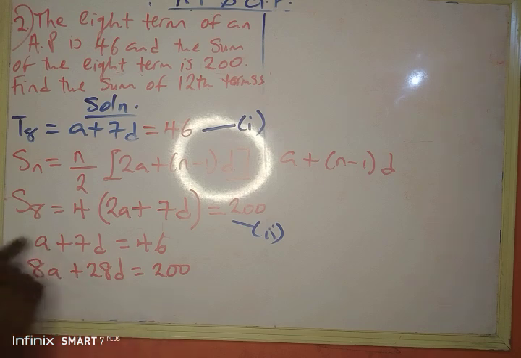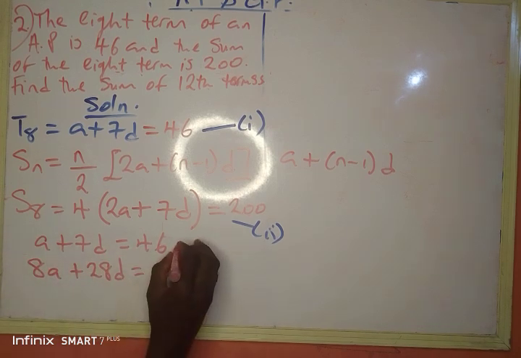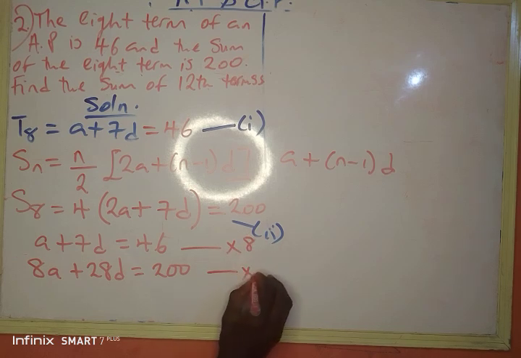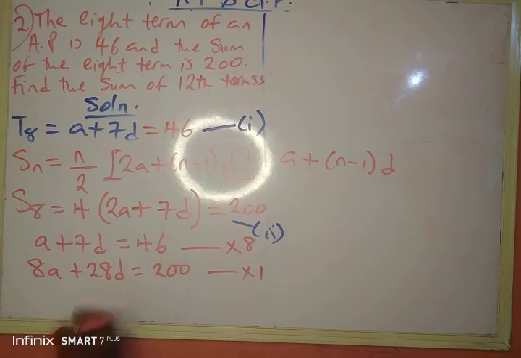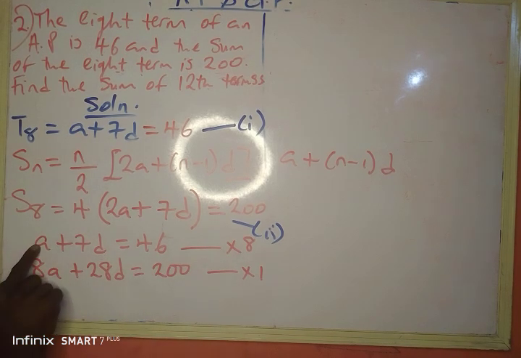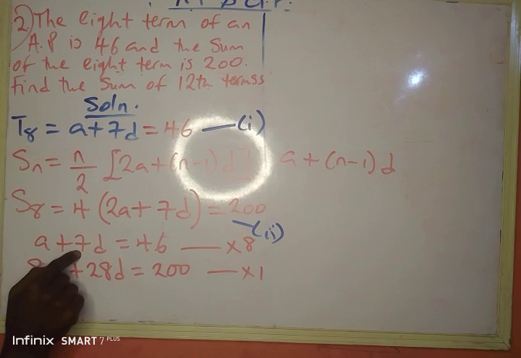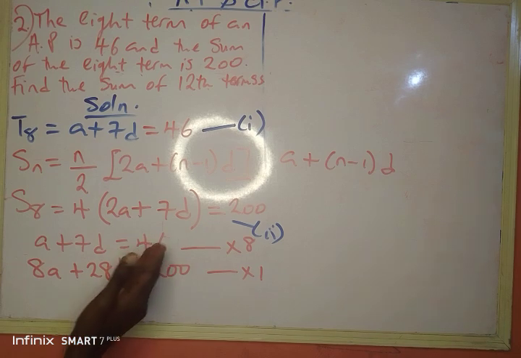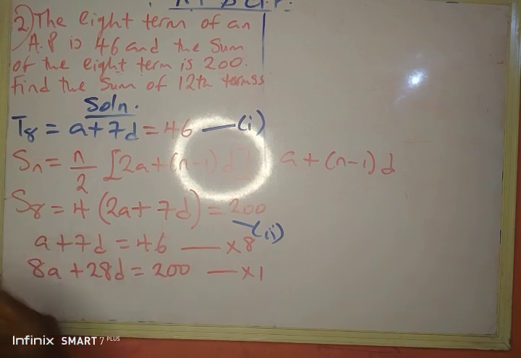Yes, I can. I can make the coefficient of a equal. So I can multiply equation 1 by 8 and multiply equation 2 by 1, so equation 2 won't change. So 8a minus 8a, that's 0. If I multiply this by 8, I'm going to have 56. 56 minus 28, that's 28d equals this times 8 minus 200, and I'll get my answer for d.